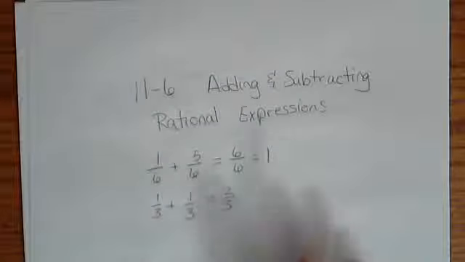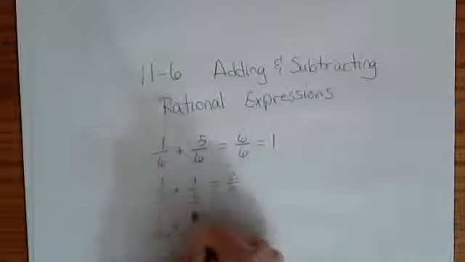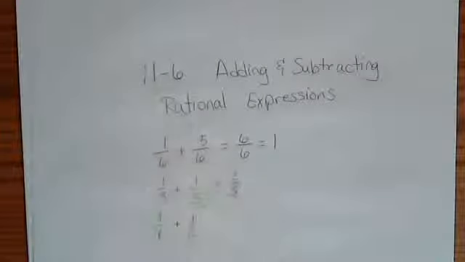When we don't have a common denominator, let's say I have 1/4 plus 1/2. The first thing I need to do is to make sure I get a common denominator. And in this case, what would be the lowest common denominator I could use?